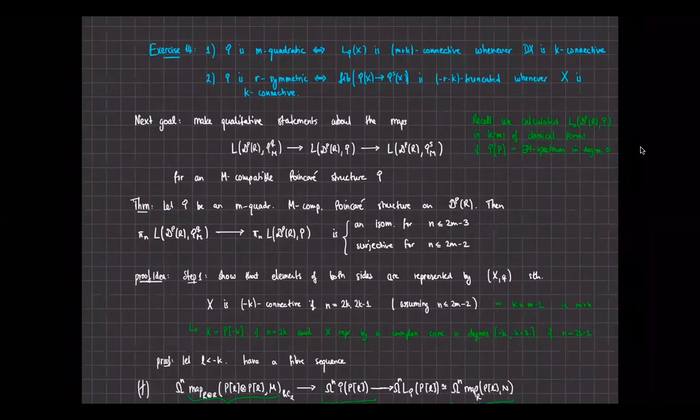Okay, so a little exercise about this is to show that a Poincare structure, which is compatible with the module M that we had, is n-quadratic if and only if the linear approximation of Q associated to X is m plus k connective whenever the dual of X is k connective. Okay, that's something that we're going to use at some point.